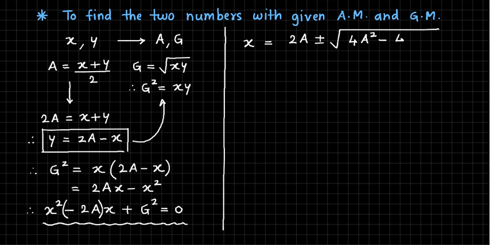So here we have 4G square to be subtracted, and whole divided by 2a, which is nothing but 2, because the x square coefficient is 1.